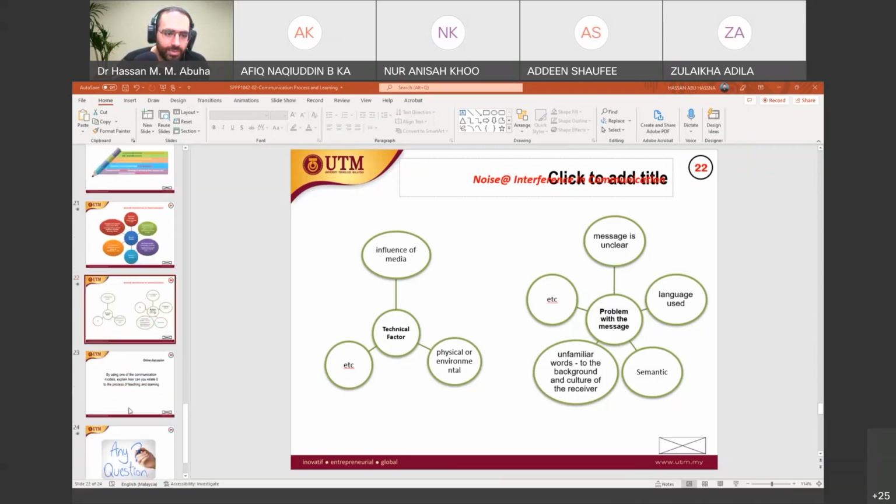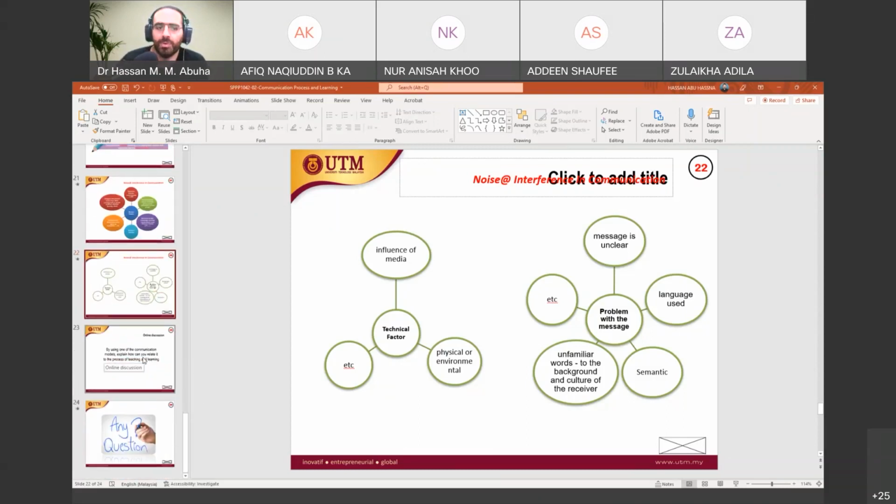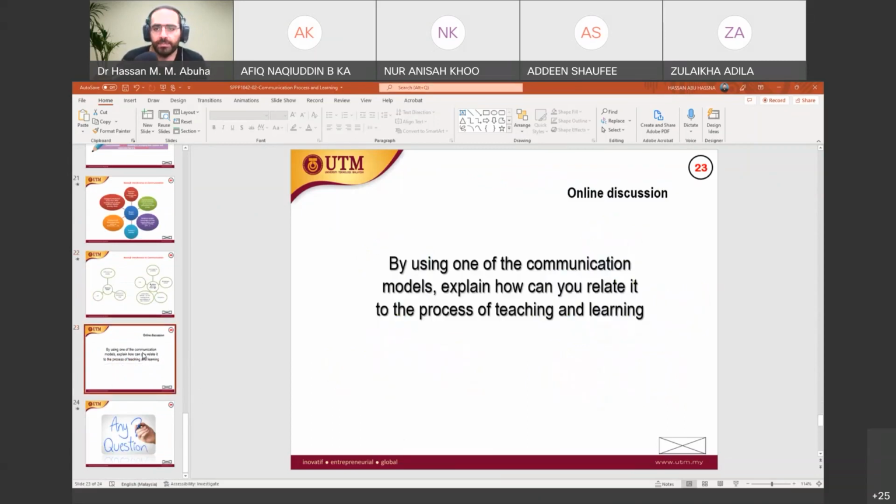What I want you to do now is I'm going to create an online discussion through e-learning, by using one of the communication models. Explain how you can relate it to the process of teaching and learning. What I mean by that is you need to adopt one model.